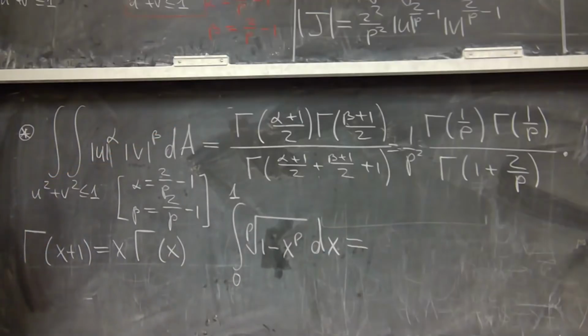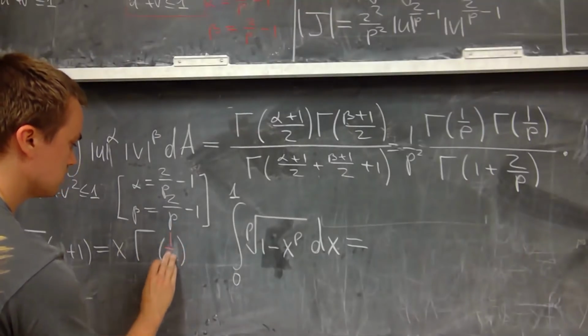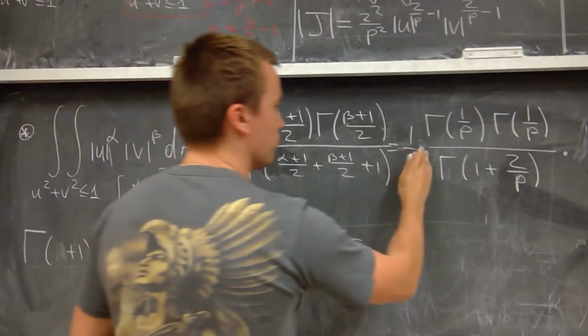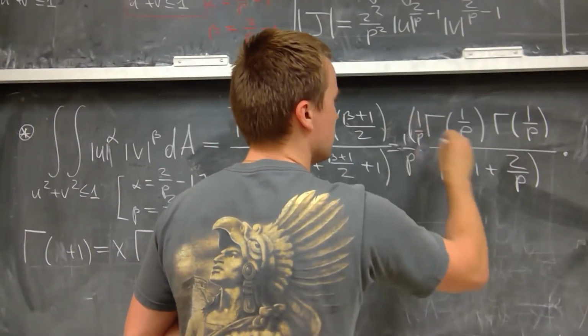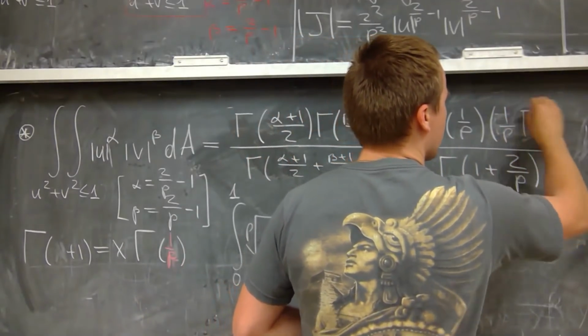But in my case, what am I given? I'm given the gamma of 1 over p. And here I will move this 1 over p in front of this gamma. And another 1 over p, I will move in front of this gamma.